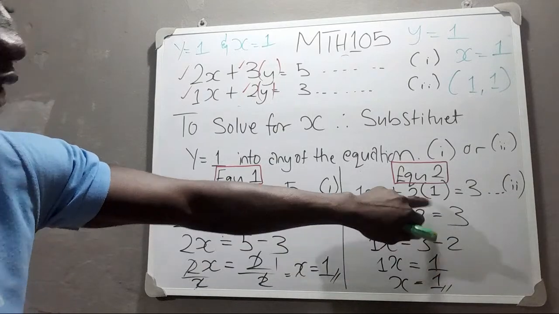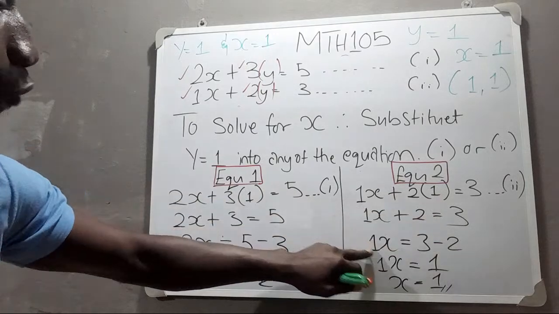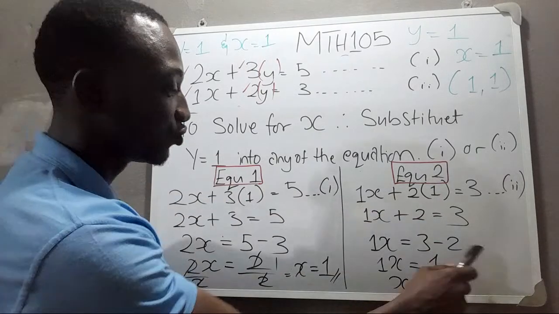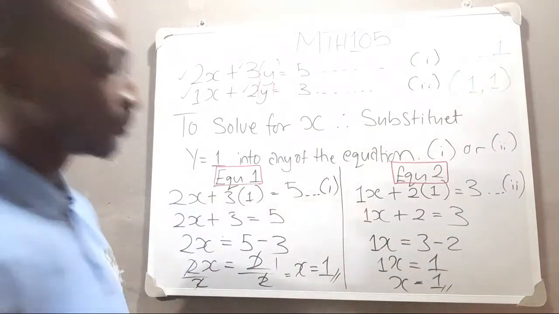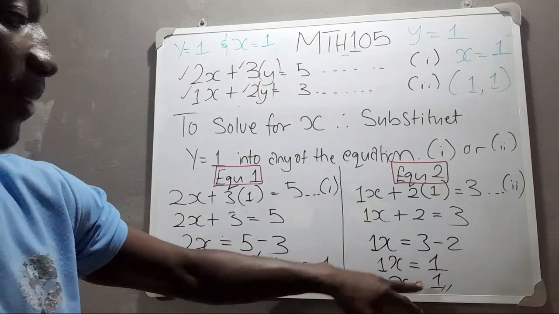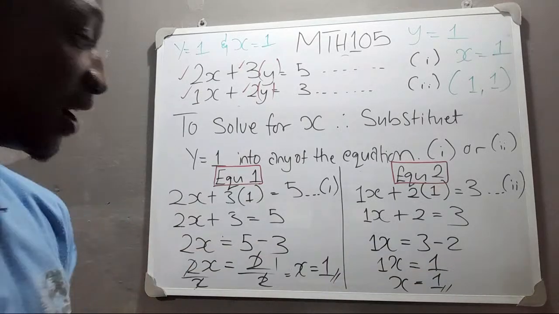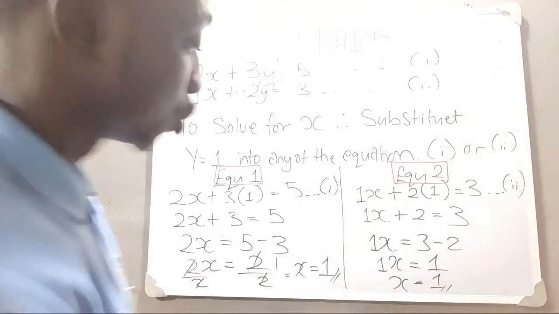This 2 is multiplied by the substitution of y, which is 1. Then we have 1x equals 3 minus 2. This 3 is brought forward, then 2 is brought back with a negative sign. There's no need to divide both sides, since 1x is the same as x, and this equals 1.